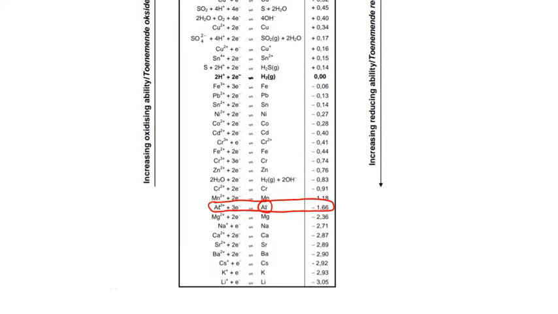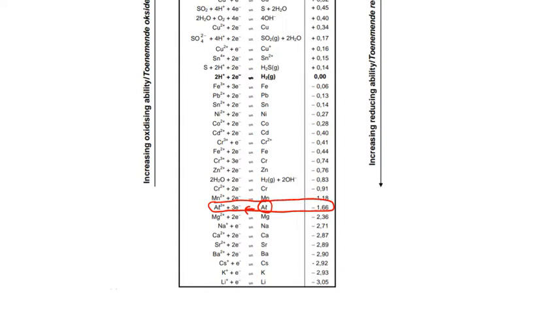Now the reducing agent is always the one that undergoes oxidation, so this is the oxidation half reaction. It is necessary for us to recognize which one is the oxidation half reaction, because we need to figure out which reaction is happening at the anode and which reaction is happening at the cathode.